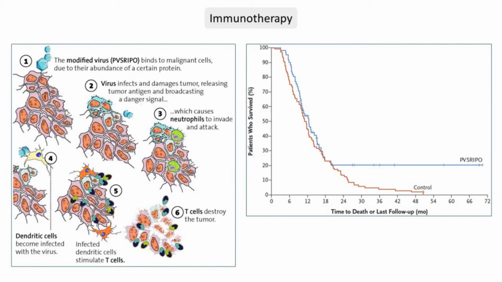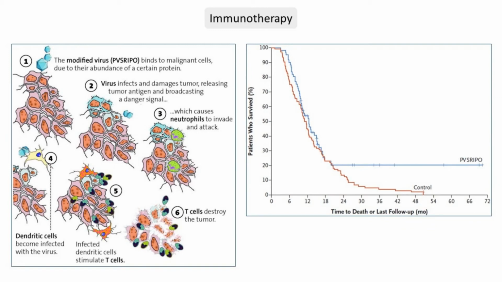There was a paper published about 2.5 years ago in one of our big journals looking at a form of modified poliovirus. Polio is a virus that can naturally get into the central nervous system quite effectively. And what they did is modify it so that instead of causing polio, it actually helped to attack these glioma tumor cells. The survival curve on the right is of patients who had recurrent glioblastoma.